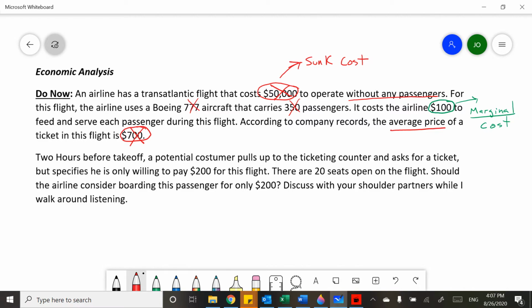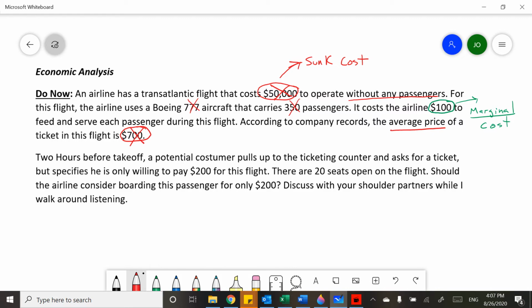It actually just means that some people might have paid above 700 or below 700. Some people might be flying free because of miles or whatnot. Even though it seems like relevant information, whenever you see the word average, that should tell you something. We don't really know what the individual numbers are. We just know that the average is 700. It's not really relevant to our decision making.